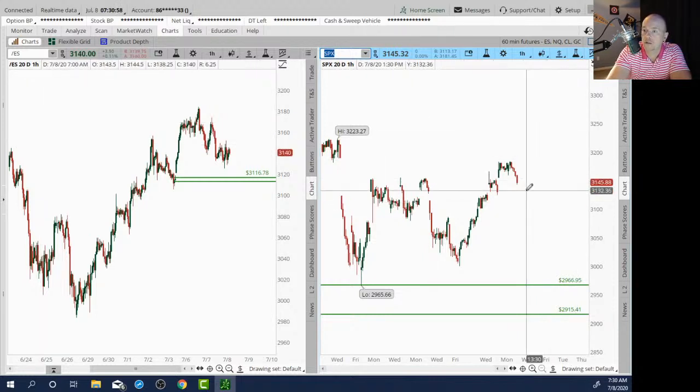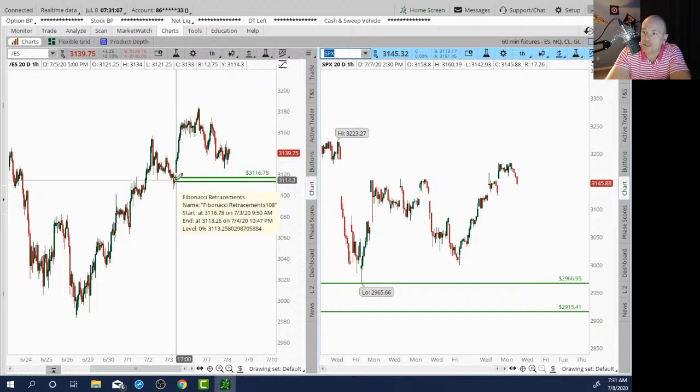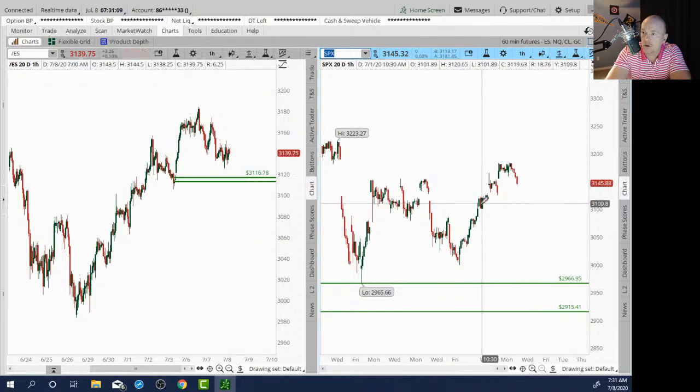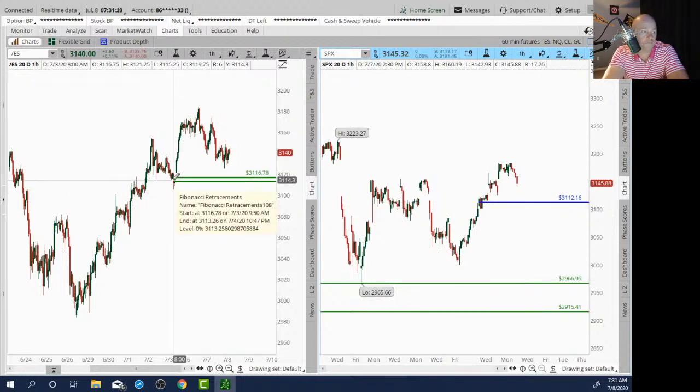So it looks like we're going to open at 3140 on the futures market, 3145 on the ES. So I always correlate that back to say, okay, where are my ranges for the day? So when I'm looking at my ranges for the day, I'm going to look immediately on my 1 hour time frame, I have 3111 here, which corresponds pretty nicely.